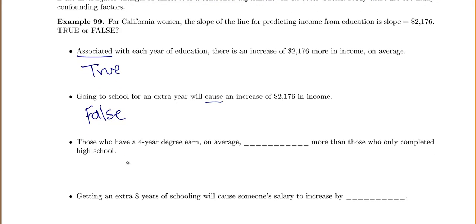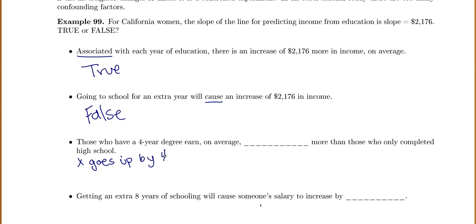Our next statement: those who have a 4-year degree will earn on average blank more than those who only completed high school. Let's figure out what that blank would be. If you have a 4-year degree compared to high school, that means X goes up by 4.